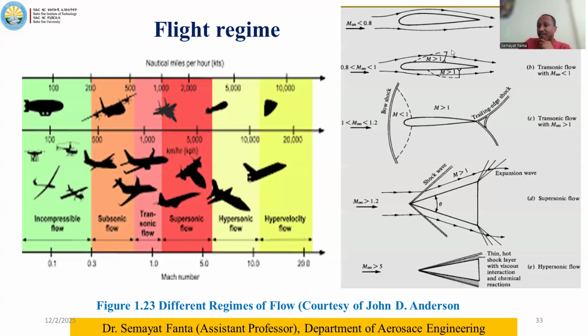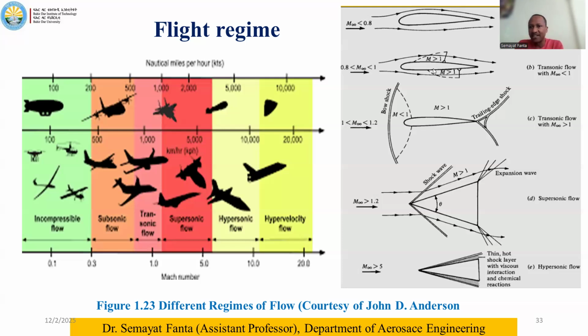The presence of this shock wave creates two regions on the aerofoil. The front region is supersonic and the back region is subsonic. So in the front, Mach is greater than 1, and at the back, Mach is less than 1. That condition is kind of critical.